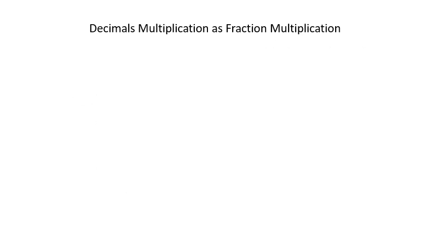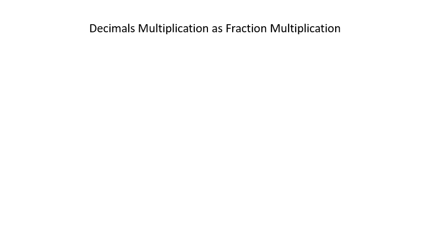So probably one of the most intuitive starting points would be to look at this as fraction multiplication. I mean, it's what we just did. It's a natural bridge to go from multiplying fractions to multiplying decimals as fractions, because really decimals are a specific case of fractions. All the denominators we know are going to be powers of 10.